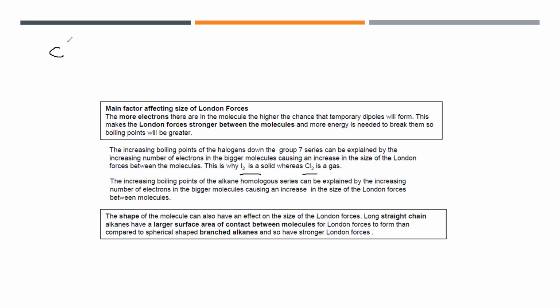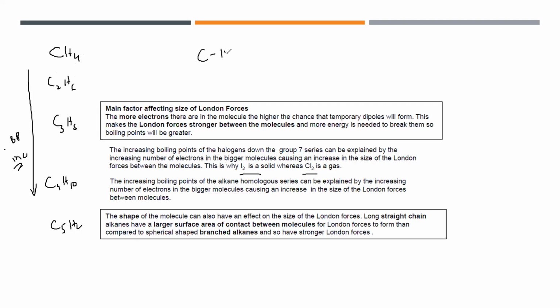For example, we have CH4, which is methane, the second member is ethane C2H6, the third member is C3H8, the fourth member is C4H10, the fifth member is C5H12. As we go down this series, what do we observe? We observe the boiling point or melting point is increasing. What is the reason why? The same reason, because look, this is a methane molecule.